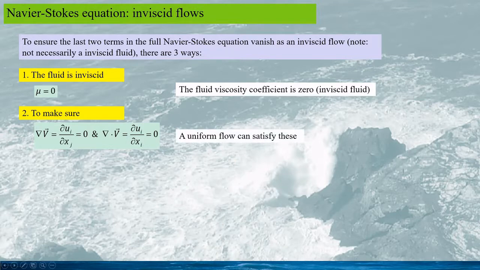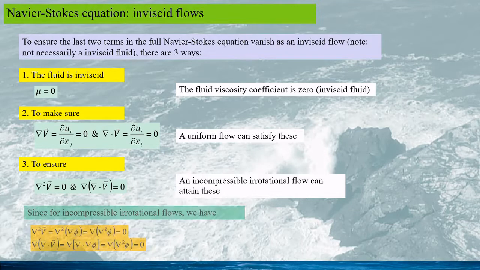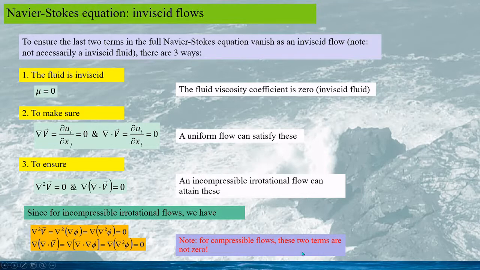For instance, a uniform flow can satisfy this. To ensure the terms of this and this are both zero, this can be satisfied in incompressible irrotational flow, since for incompressible irrotational flows, we have this and this. However, for compressible flows, these two terms are not zero.